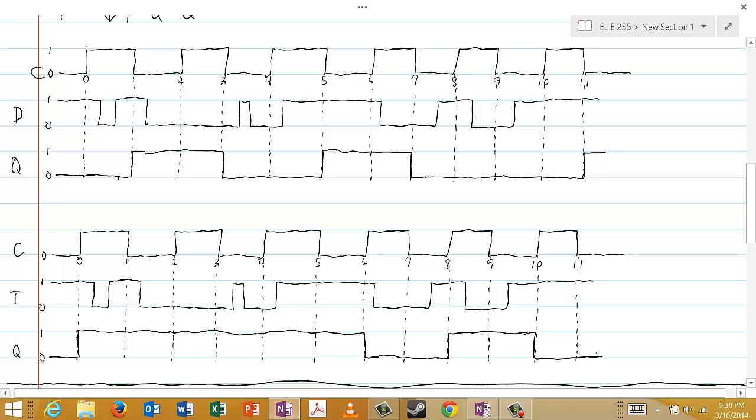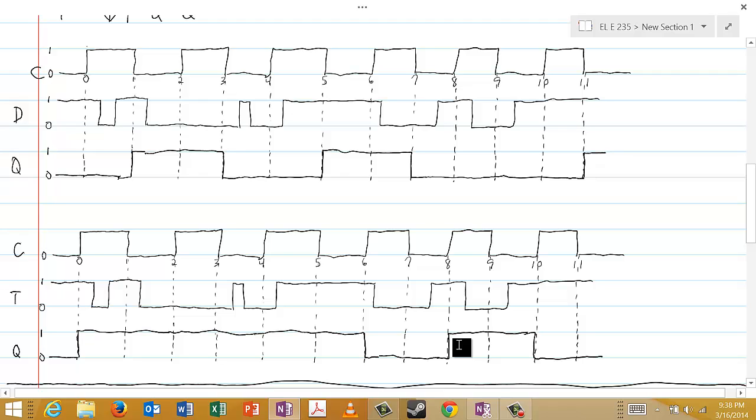And this would be the output for a positive edge triggered T flip-flop. And if you were asked to identify the times at which the output would go from 0 to 1, it would do that at time t equals 0, and also at t equals 8.